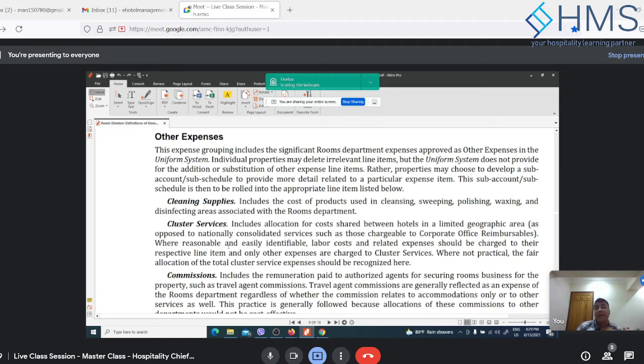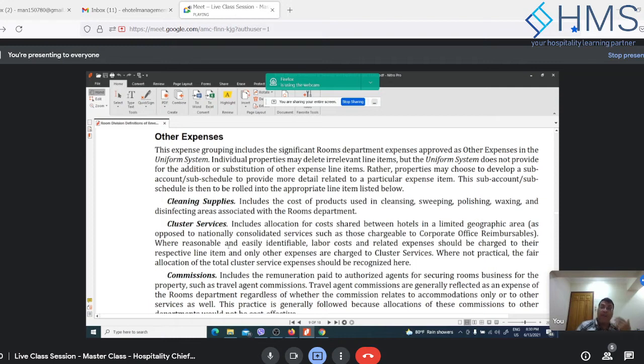The only thing which I would like to emphasize here is the detailing of your expenses. When you are designing your chart of accounts, you have a clear line item that you need to produce. So it's very easy for you to say, okay, I need to have one account code, which is going to be cleaning and supplies. That's clear enough.